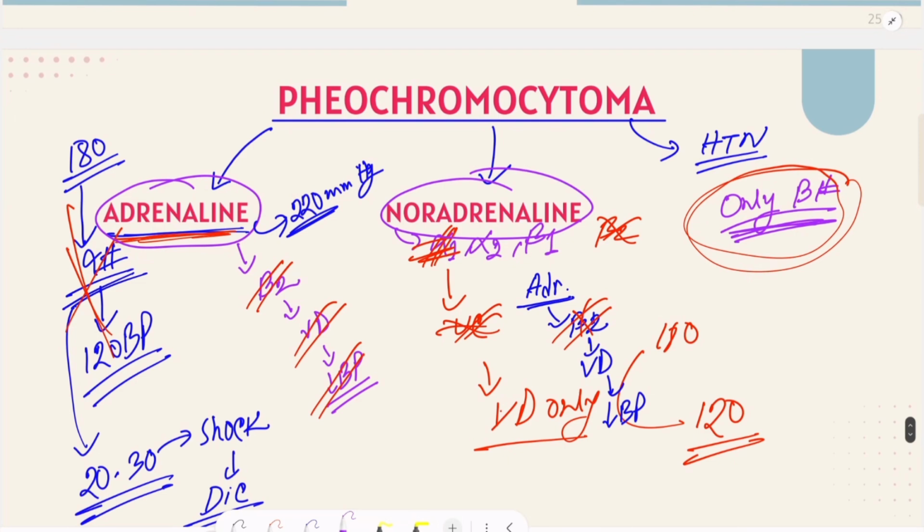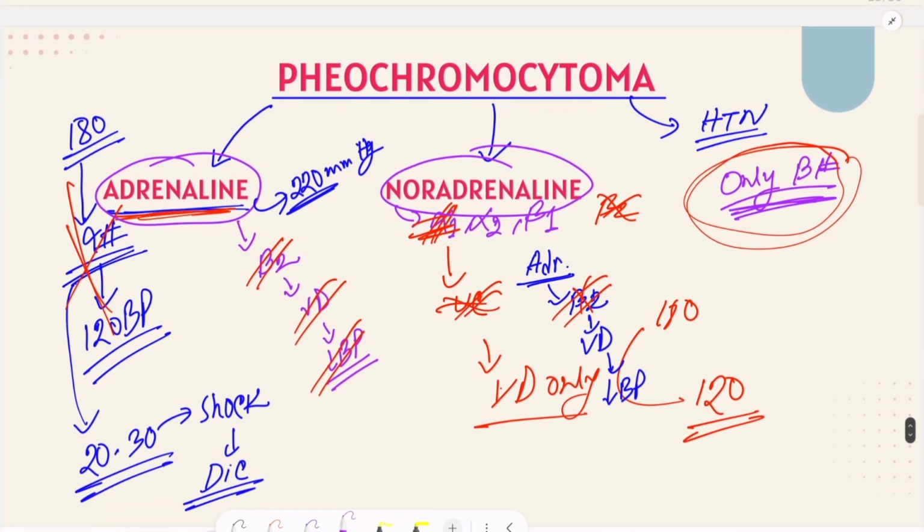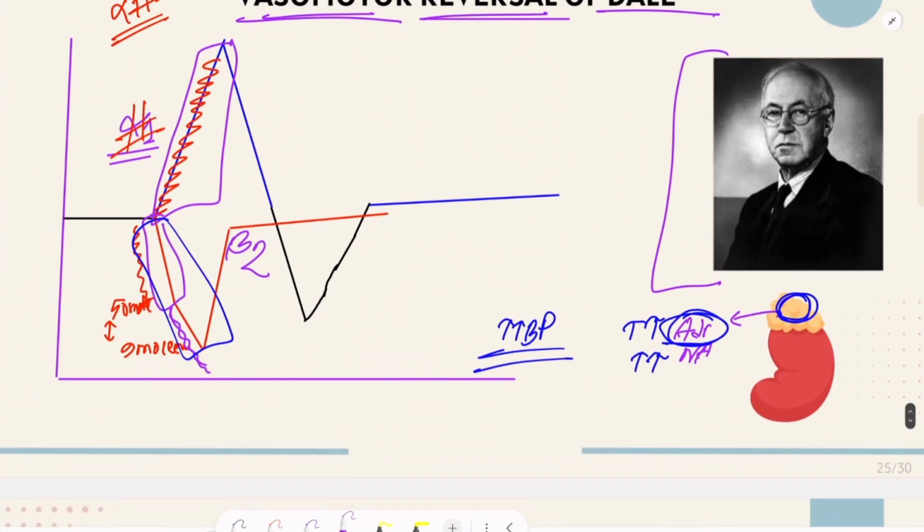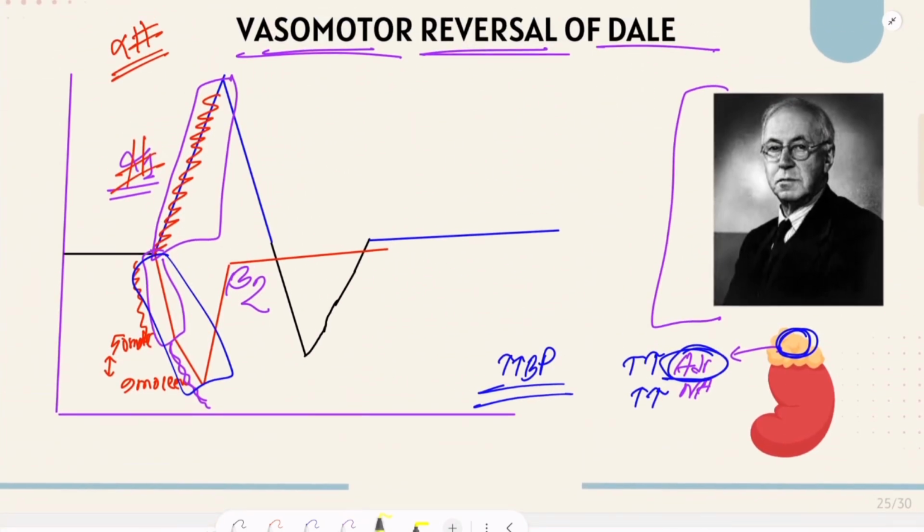So the question is how to manage hypertension in adrenaline producing pheochromocytoma. We cannot give an alpha blocker. We also cannot give a beta blocker alone. So the solution is to give both alpha and beta blockers. Remember, vasomotor reversal was occurring because there was unopposed action of the beta 2 receptor.